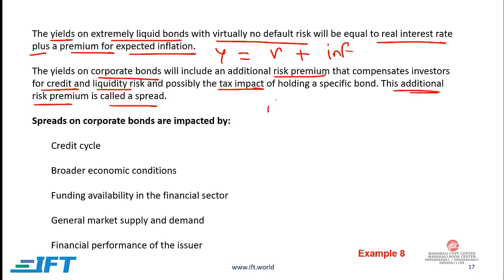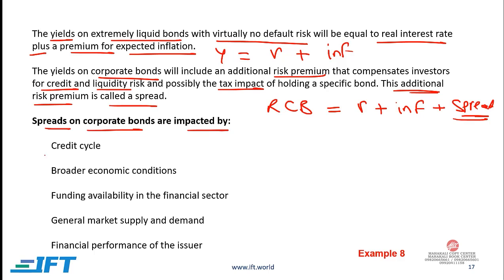So if we have a risky corporate bond, there the yield will be equal to the risk-free rate plus a premium for inflation, and then this additional risk premium, which is attributed to credit risk, liquidity risk, and the potential tax impact. So that is the spread. The spread on corporate bonds are impacted by several factors which are shown here.